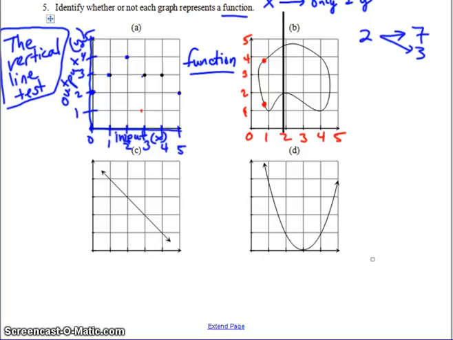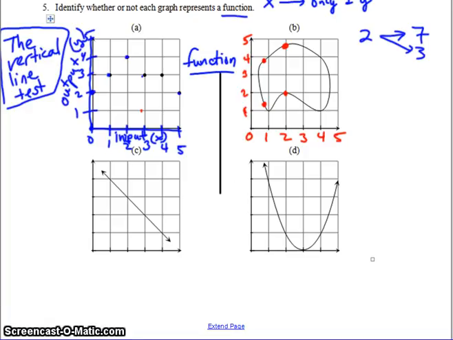Right here, it intersects here and here from that graph. And infinite times here, here, here, here, here. I don't have to make a point for every one. So this is not a function since it intersects more than one point.